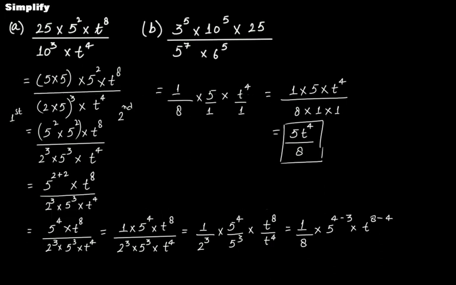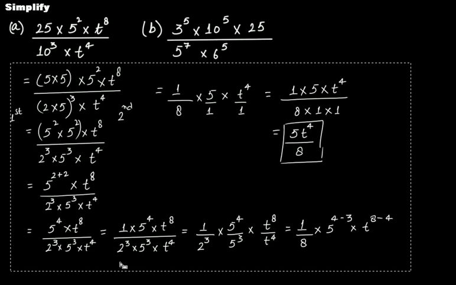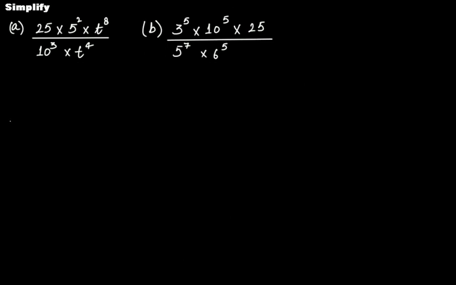Let's solve this second one. In this case, we have 3 to the 5th power, then 10 to the 5th power times 25. So 3 to the 5th power, keep it as it is, because we don't want to further simplify it, because we can use it straight.